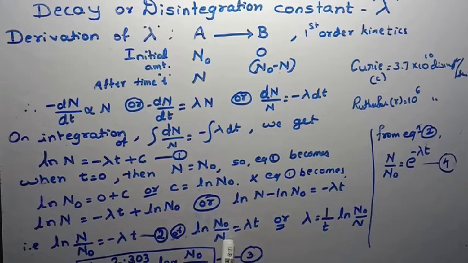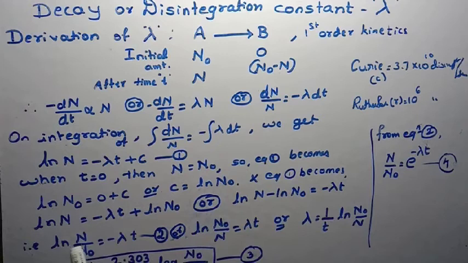Reversing the terms, ln N0 by N is equal to lambda t, or lambda is equal to 1 by t ln N0 by N. Or by taking the log, lambda is equal to 2.303 by t log N0 by N. So this is the expression for lambda, the disintegration constant or decay constant.